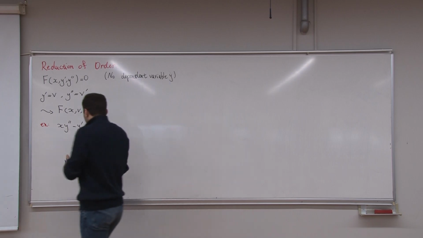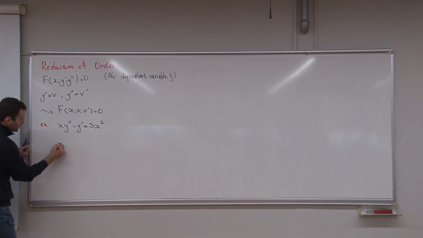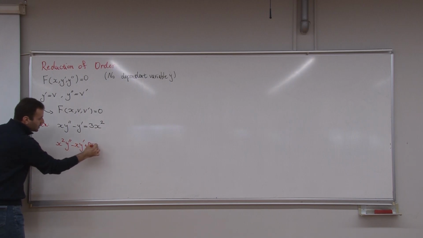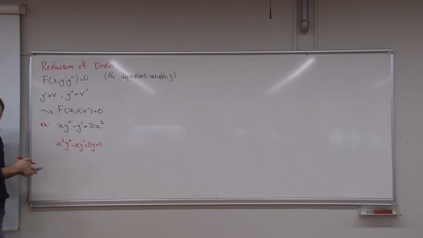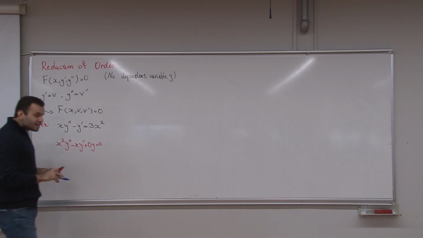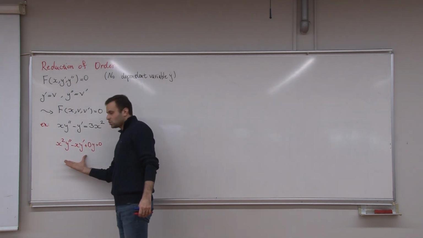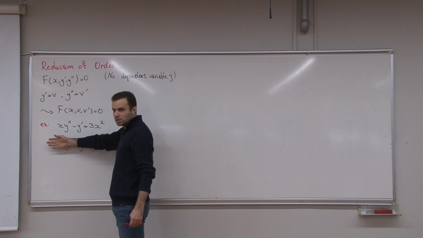Yes, definitely. If I multiply this with x, then this is going to be x squared y double prime minus xy prime plus 0y equal to something. So this is actually an Euler equation. As an exercise, please try to solve this Euler equation by yourselves.